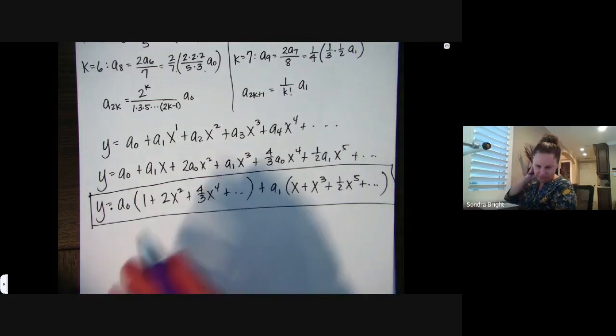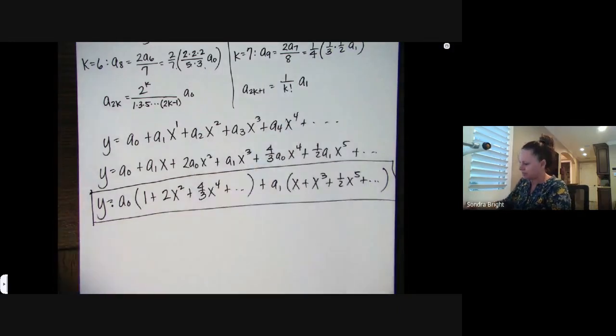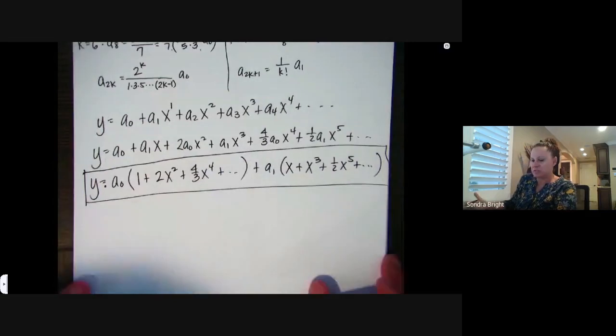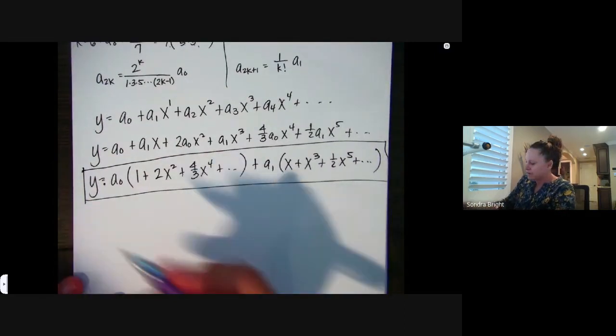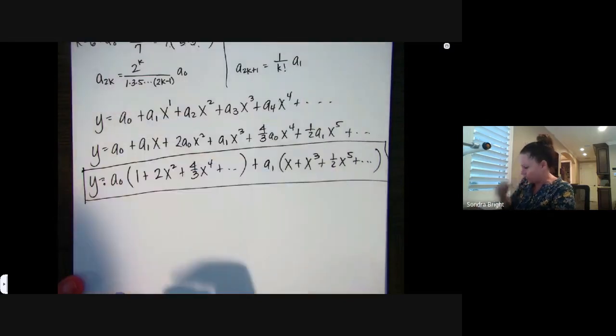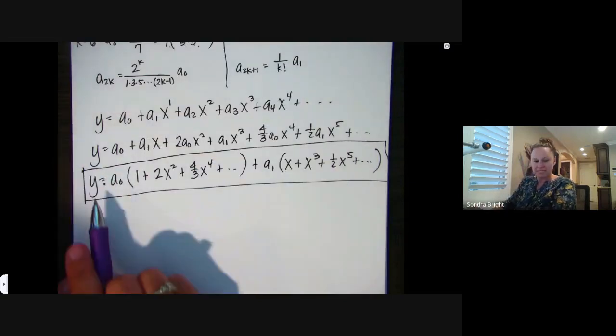Do I even want to do it? I'll write it so that when you see the solutions in the solution manual, you're not going, what the heck? So for these y evens, the even ones, that was where you had all these a naughts.